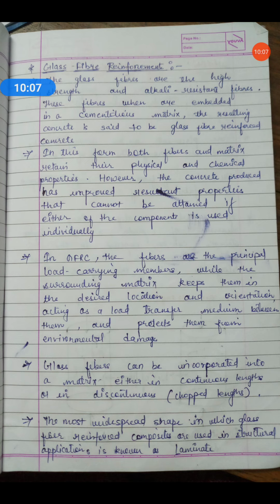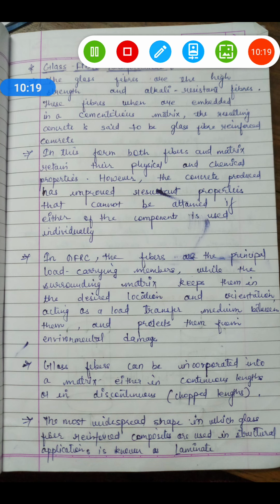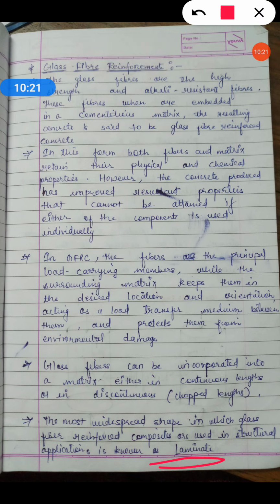The most widespread shape in which glass fiber reinforced composites are used in structural applications is known as laminate. This word laminate is the most important terminology while studying glass fiber reinforced concrete.